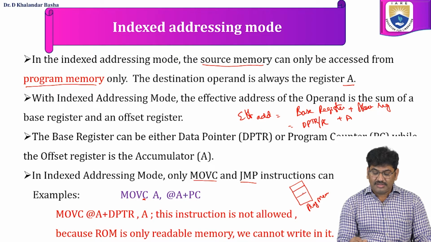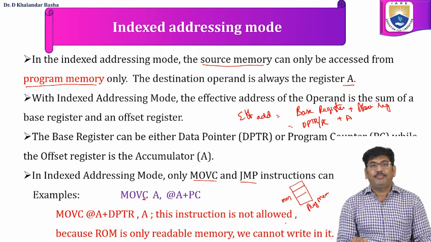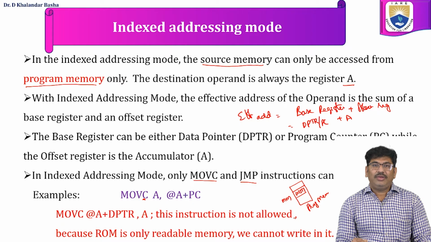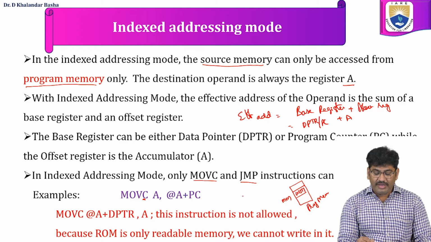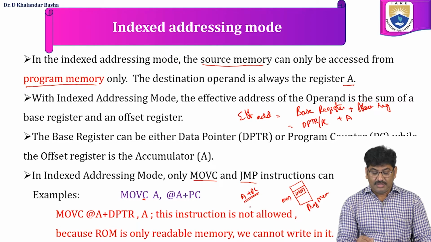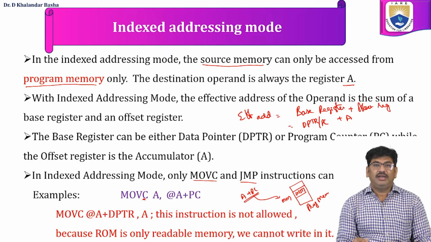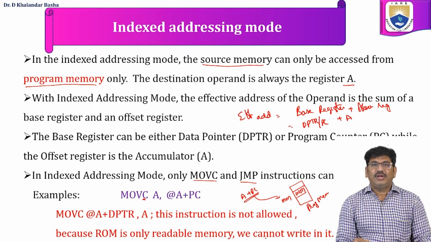At some address, let us assume there is some instruction, which will be fetched into the accumulator by evaluating the value of A plus PC. Two values are used for referring to the memory location. One is the base register, either DPTR or program counter. The second one is the offset register, which is the accumulator.